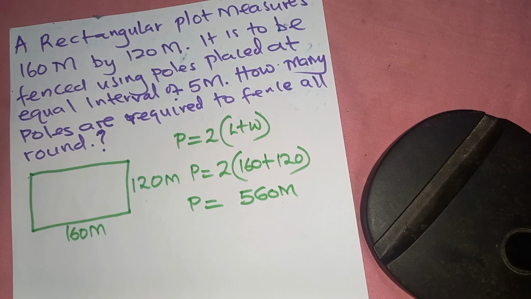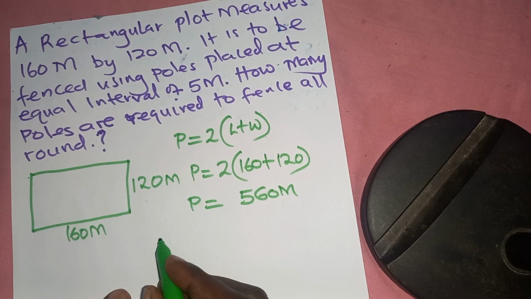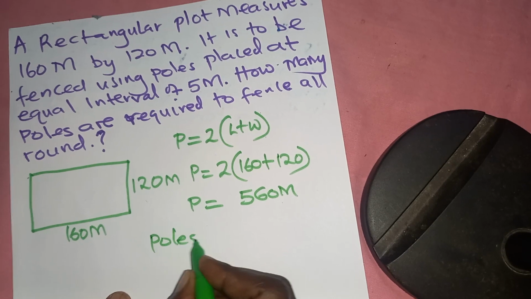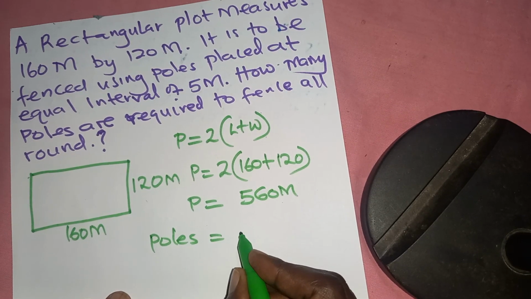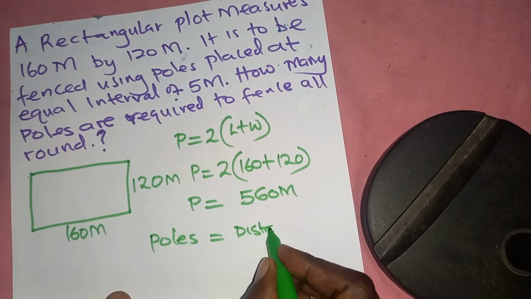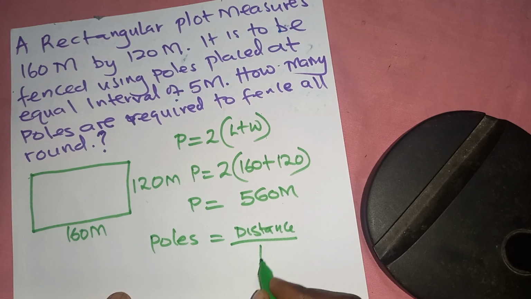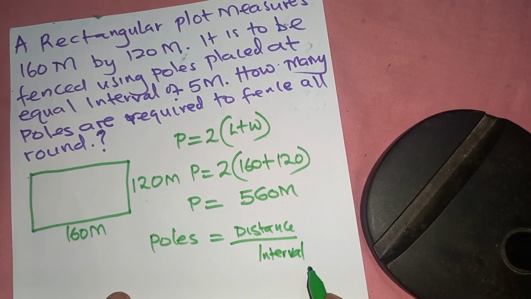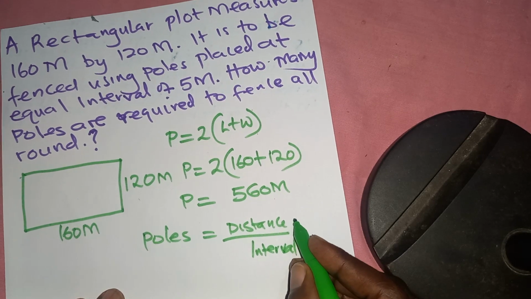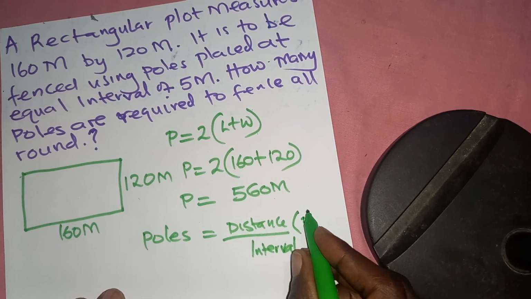After you get the perimeter, to get the number of posts used, you are going to say distance over interval. In this case, distance is the same as perimeter.